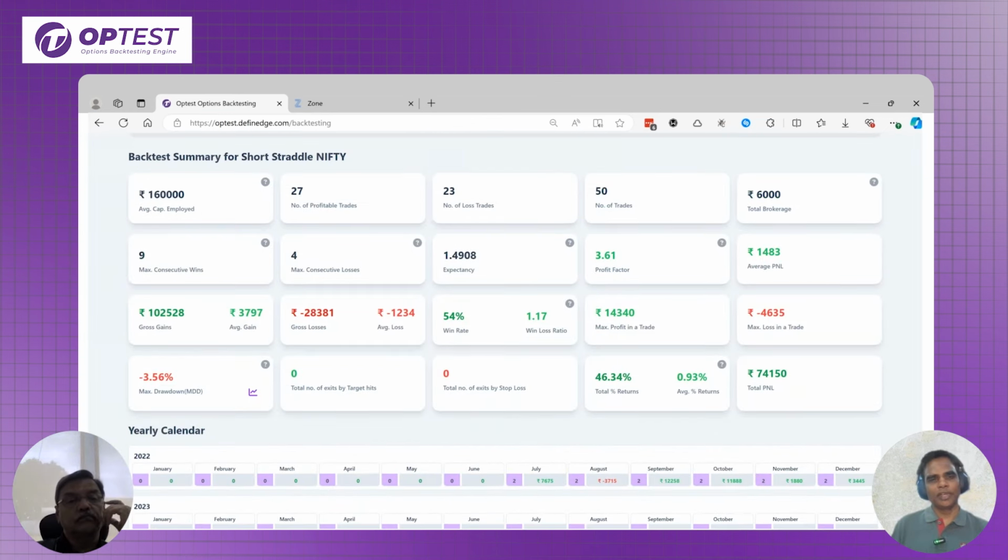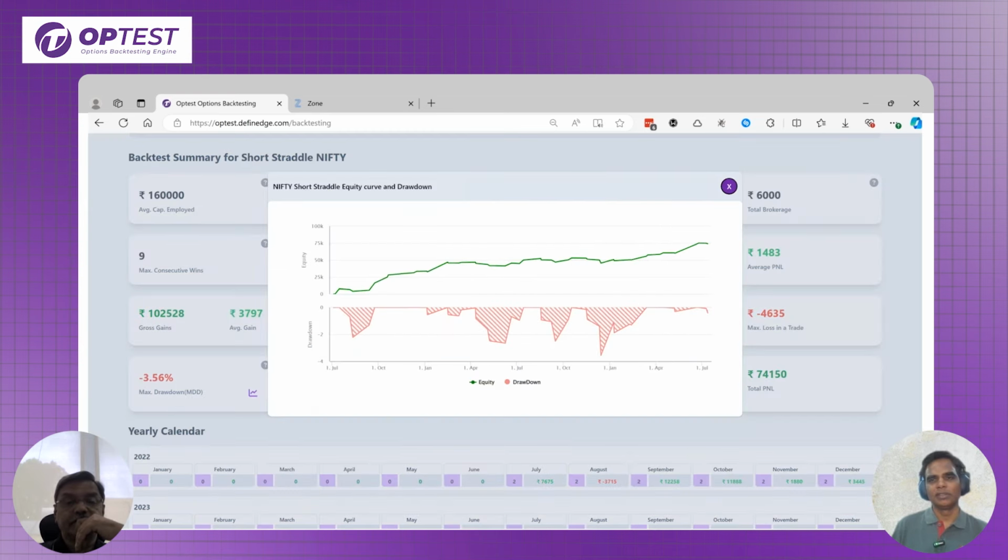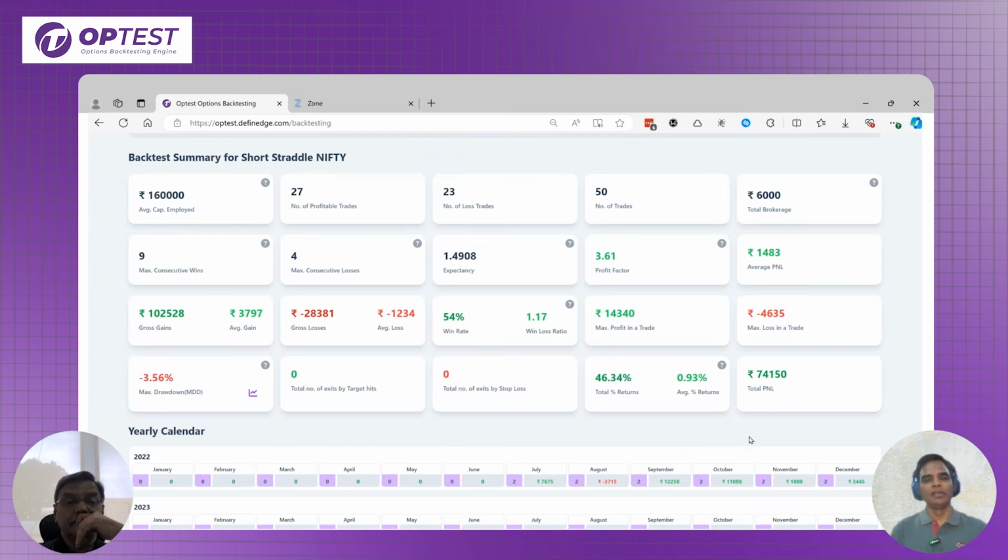The number of trades are very less. Again, expectancy is very good, 1.5. That's very big. So your drawdown is very less. This has to be combined. See, this is a standalone strategy. You have to combine this with something else, which I'm going to show you later.